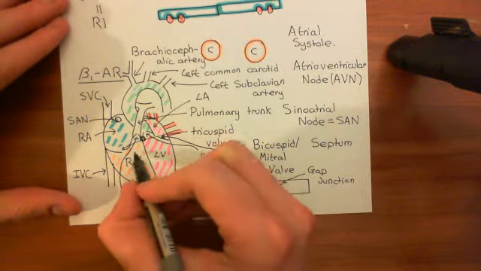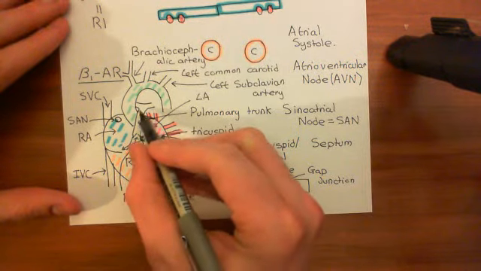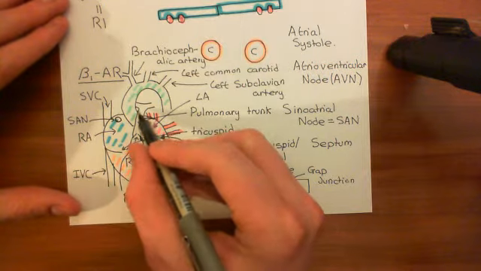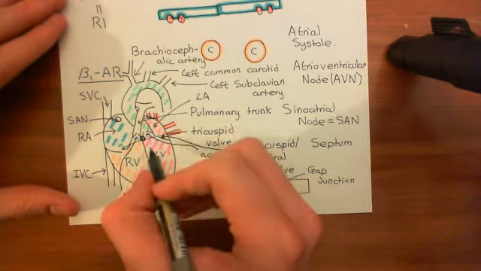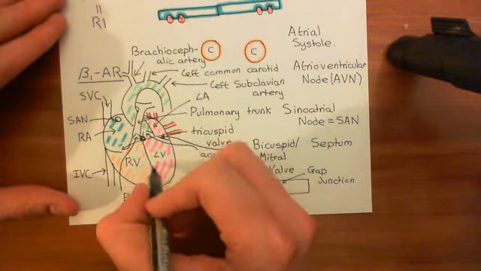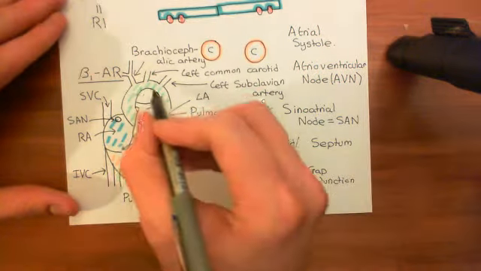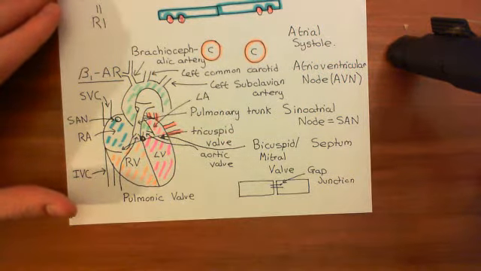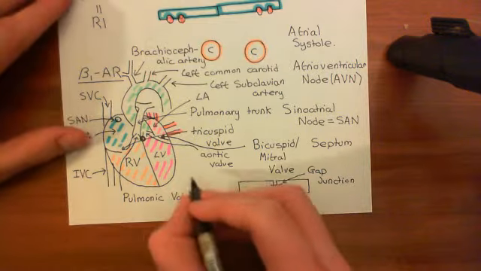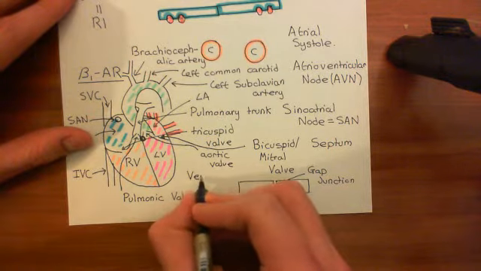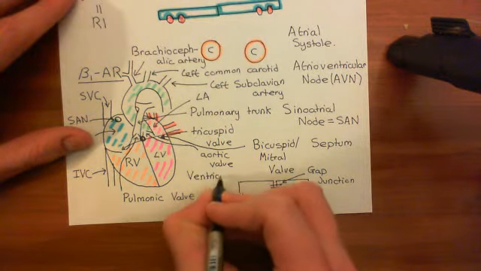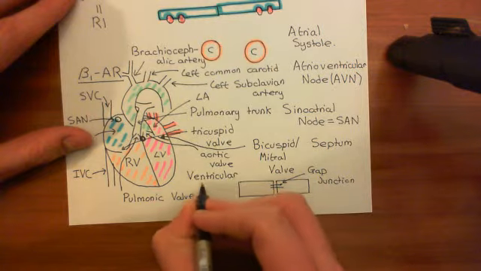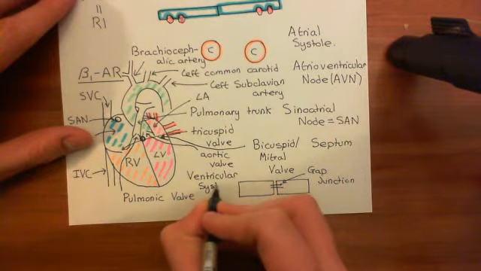The blood from the right ventricle will be pushed out into the pulmonary trunk here and will go to the lungs, and the blood from the left ventricle will be pushed up into the aorta and go around the body. That is called ventricular systole. So when you get contraction of the ventricles, that's known as ventricular systole.